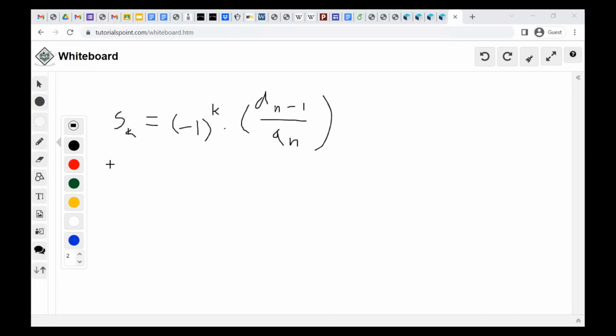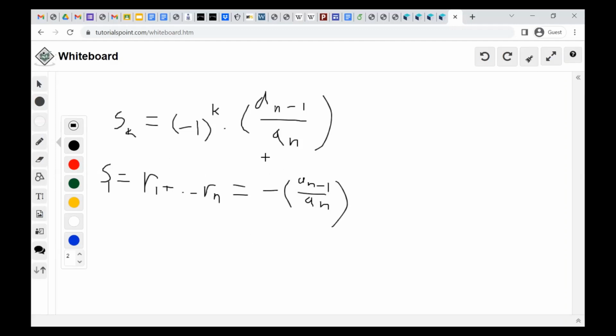For example, if k equals 1, then S1 is the sum of the roots of the polynomial, which equals negative a_(n-1) over a_n.